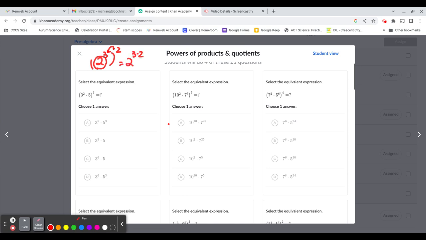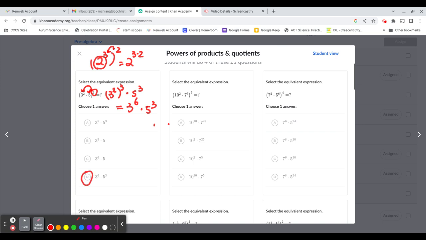When you have multiple things in the parentheses, you just have to distribute this exponent to each. That means 3 to the power 2 will have exponent 3, times 5 will have exponent 3. So if you expand it, 3 to the power 6 times 5 to the power 3, so you will choose D.